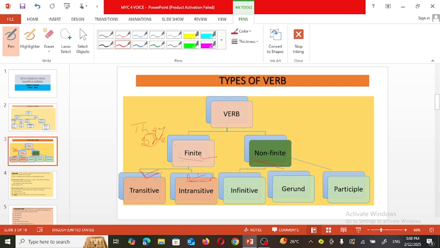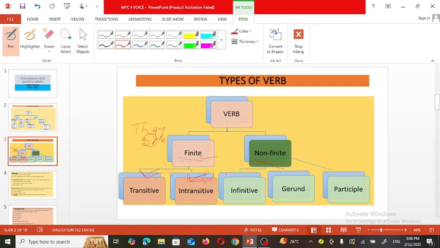For example, "He reads": what does he read? "He reads the newspaper every day." So newspaper is the object followed by the verb reads. But when we say "She comes," it is not necessary to mention an object here.